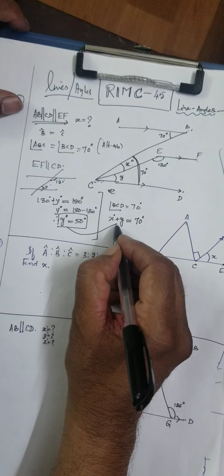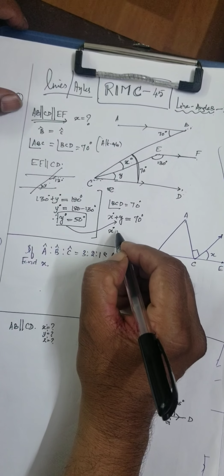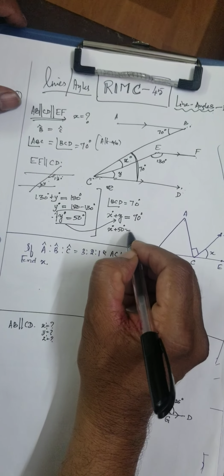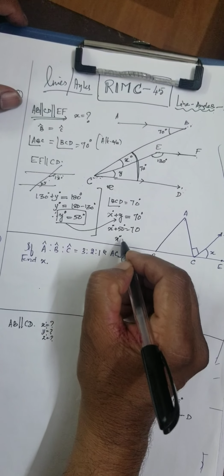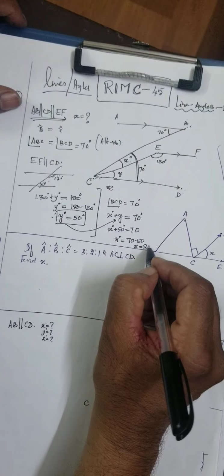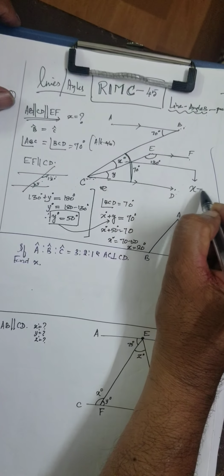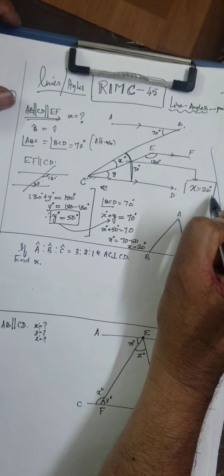The value of Y is 50, therefore X degrees plus 50 degrees is equal to 70. Therefore X degrees is equal to 70 minus 50, or X equals 20 degrees. Therefore the answer for this X is equal to 20 degrees.